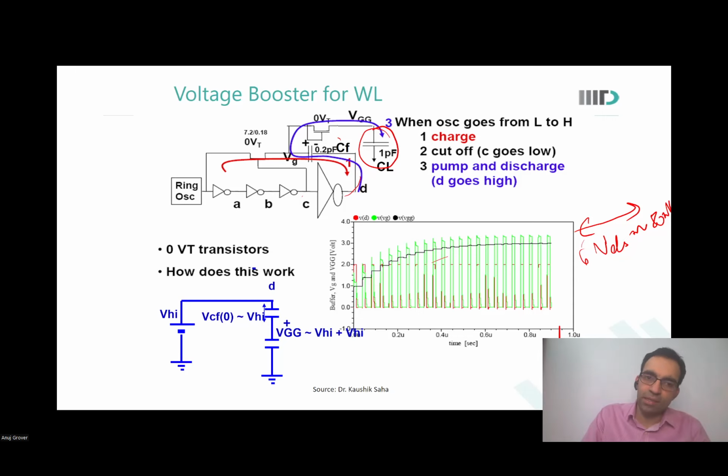Yes. But at that time CAS is not on. CAS is an internal signal of memory. Okay. So when OEL comes, the memory controller will start taking whatever output the memory is giving, right?